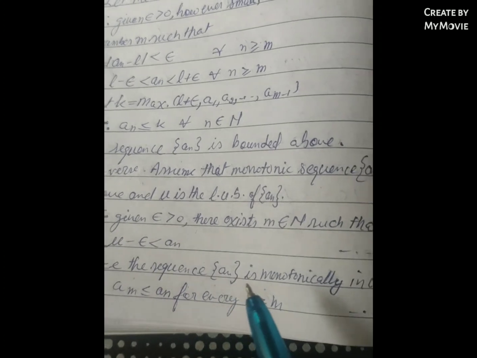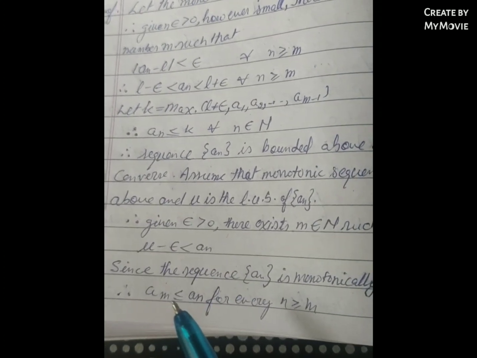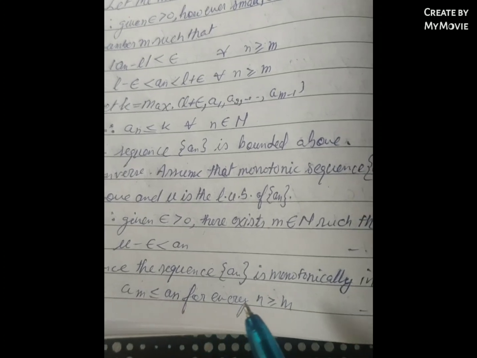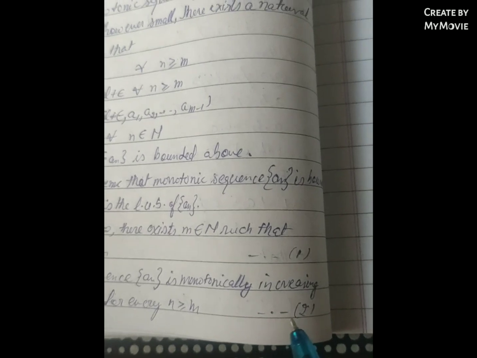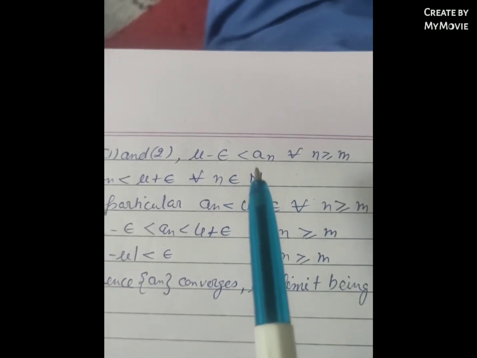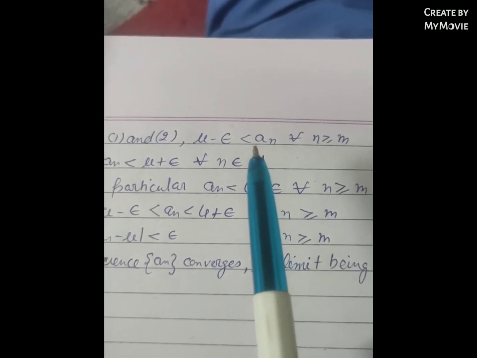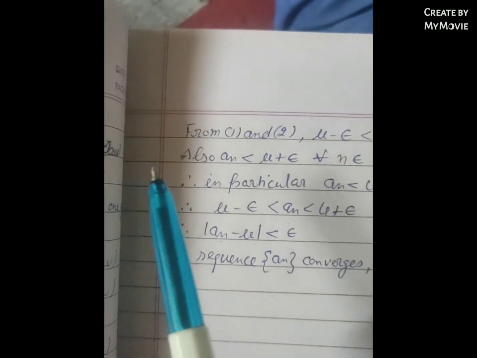Since the sequence a_n is monotonically increasing, a_m is less than or equal to a_n for every n greater than or equal to m. Equation 2: from 1 and 2, u minus epsilon is less than a_n for all values of n greater than m.